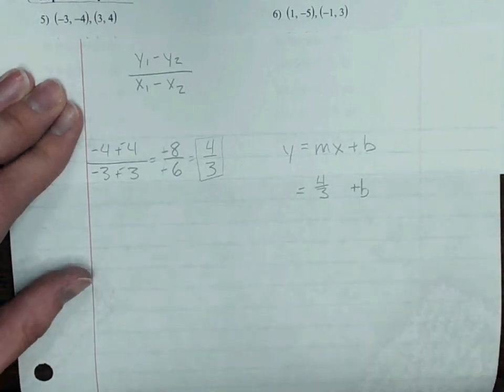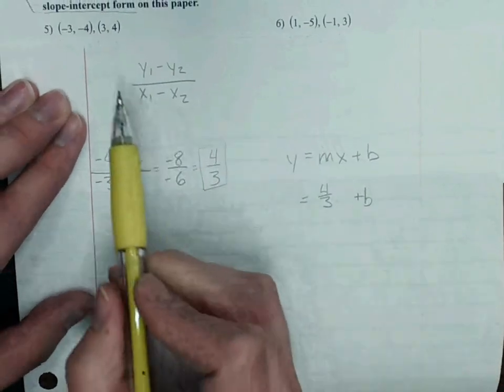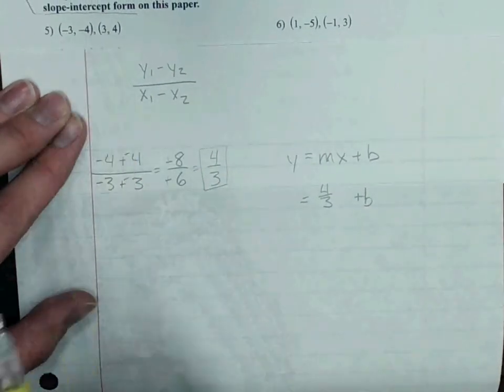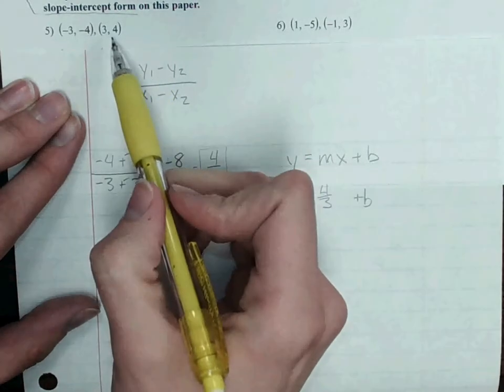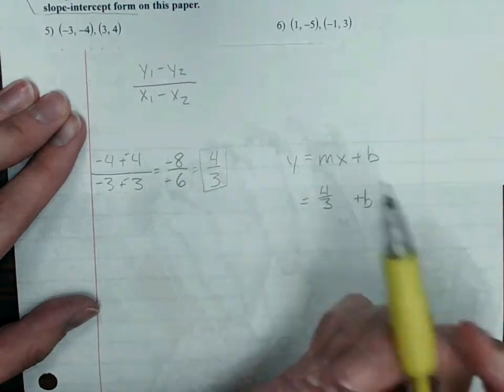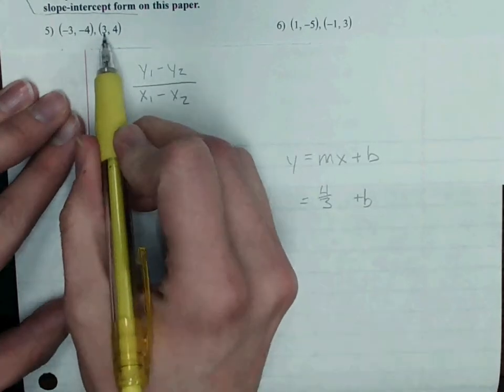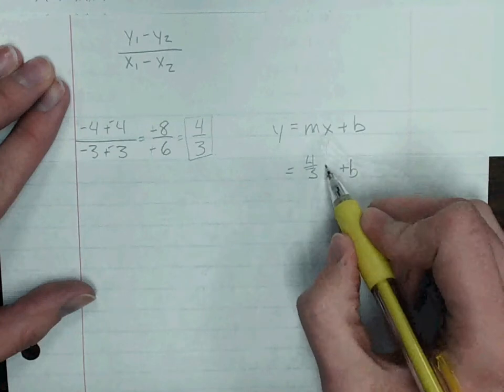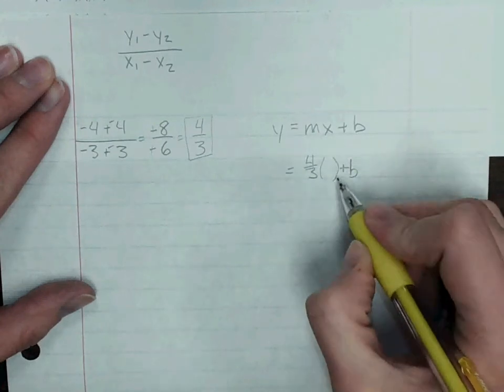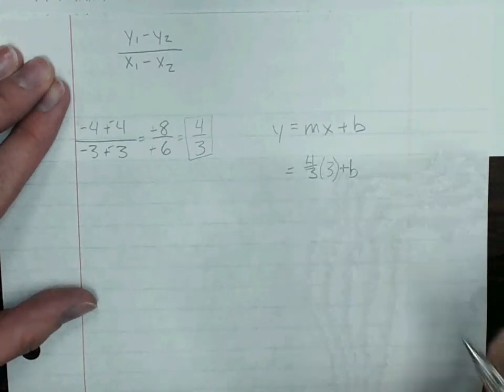Here's what's going to be different from stuff you've done in your other class. Glance back up here. You have 2 options for a point. Pick whichever one you want. I'm going to pick the one with 2 positive numbers because we all like positive numbers. So 3 is my x. Over here in the equation, where x would be, I'm going to put some parentheses, and I'm going to put 3.